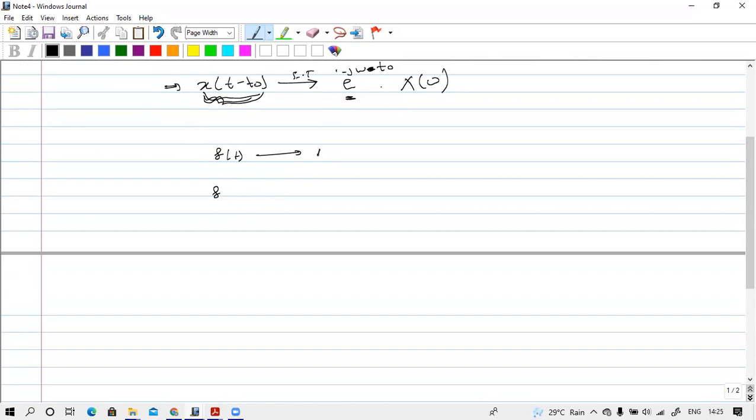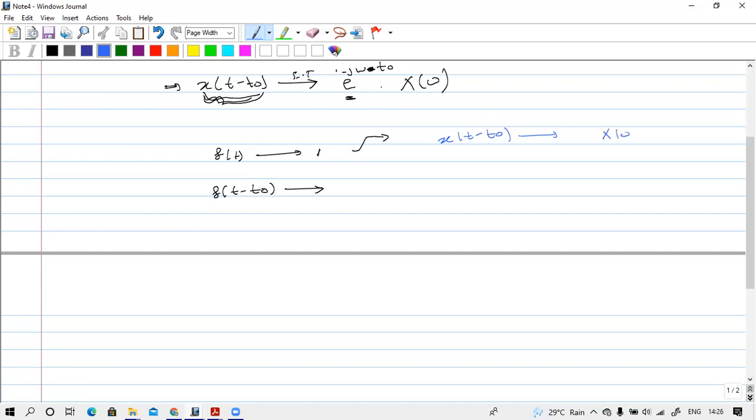So if you get delta(t minus t naught), what is the Fourier transform?